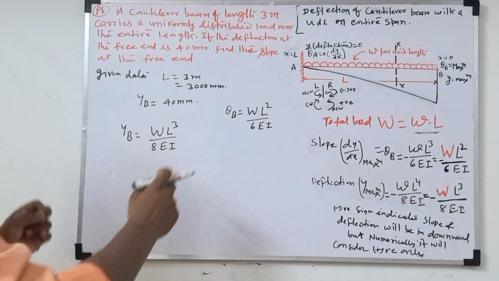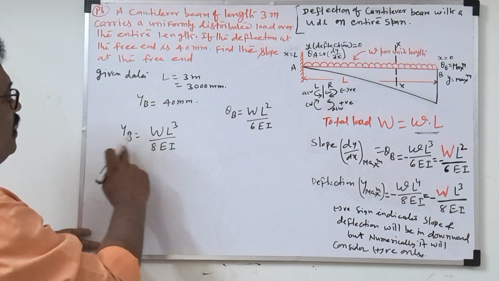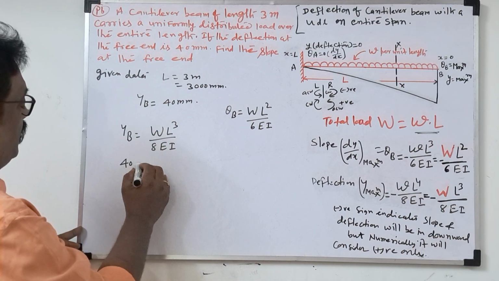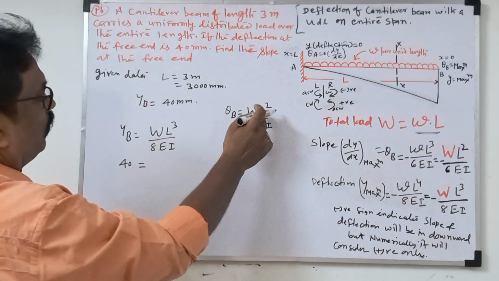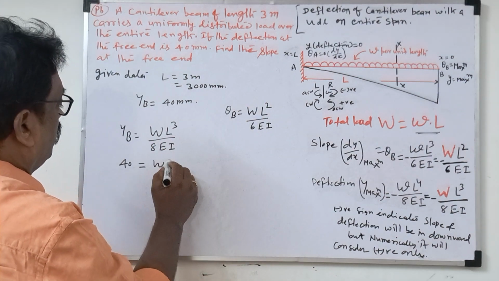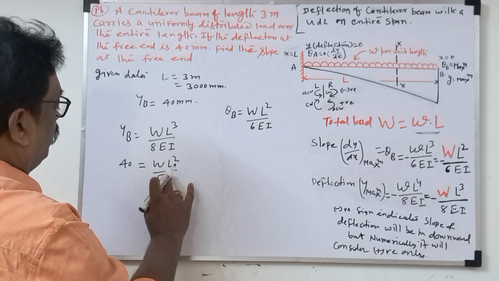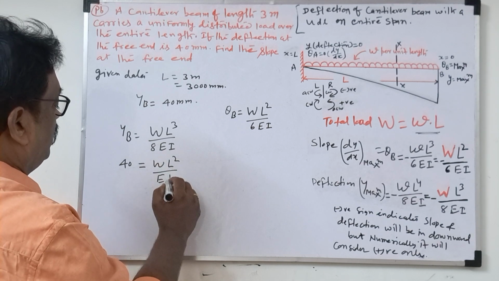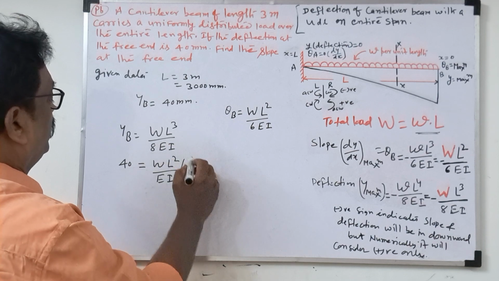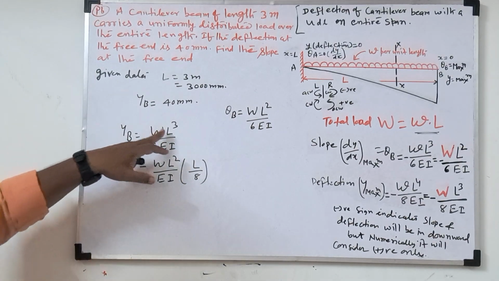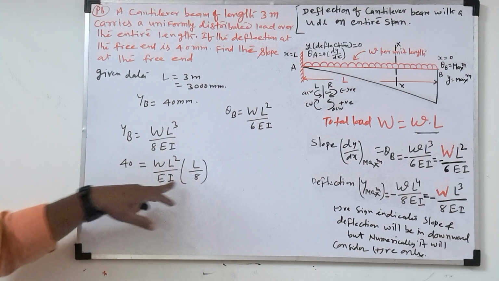Slope they are asking and deflection is given. So now what will we do here? The deflection is 40 mm. Now the slope is W L square by EI, and then L by 8 here. So these are the same, W L cube by 8EI.